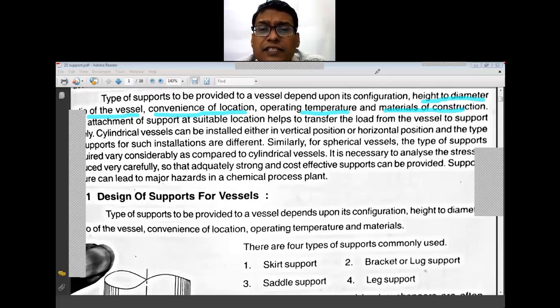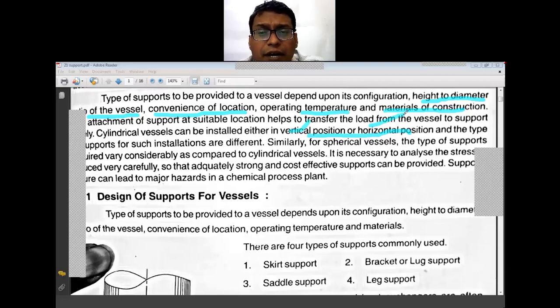Then cylindrical vessels can be installed either in vertical position or horizontal position, and the type of support for such installations is different. That means the first category is the spherical vessel and cylindrical vessel. In case of the cylindrical vessel, it's either a vertical alignment or a horizontal alignment.